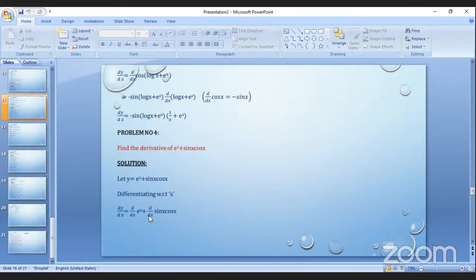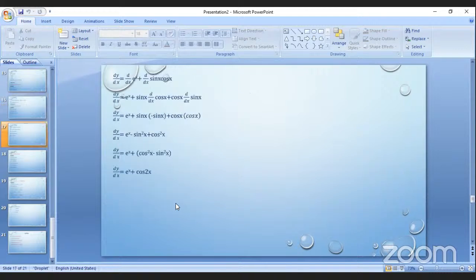Here two functions are there, one is sin x and another one is cos x, so it is in the UV form. What is the UV rule? d by dx of UV equal to u into d by dx of v plus v into d by dx of u.